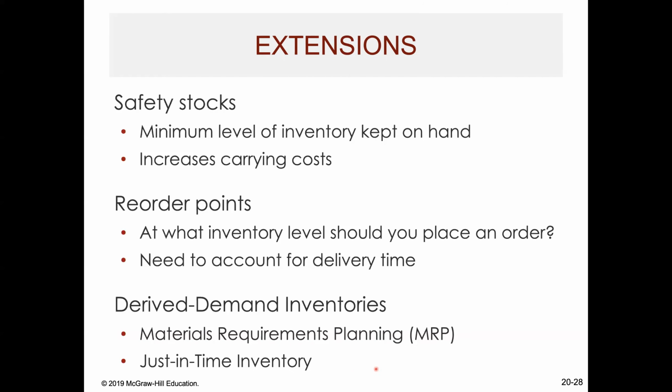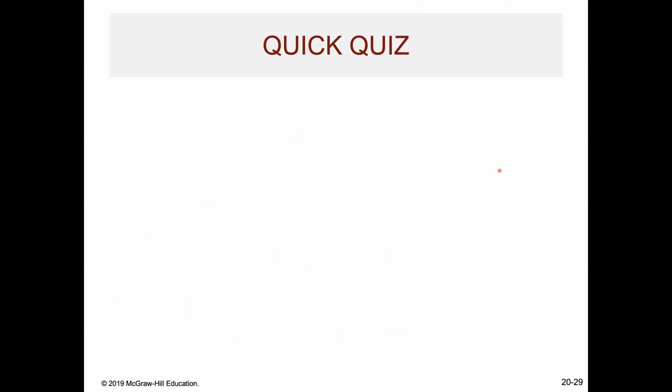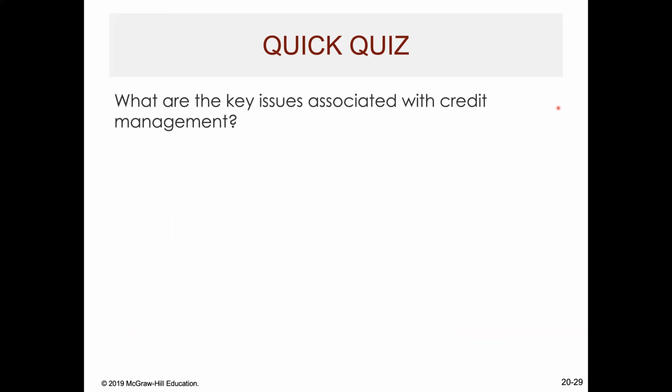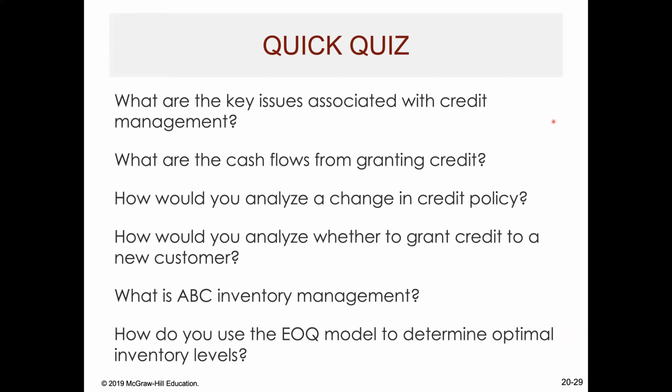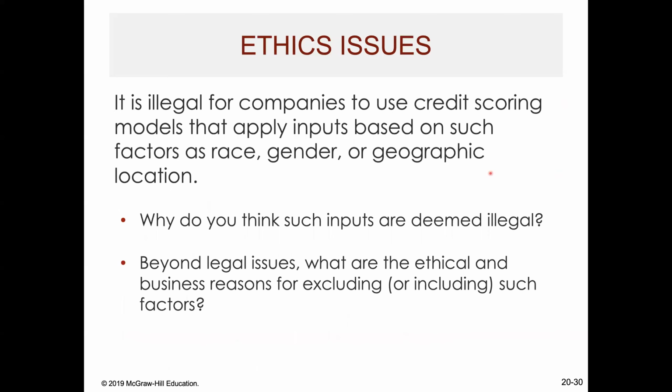So that concludes the materials for this lecture. There's a quick quiz. I'd like you to read through each of these and answer them yourself. And if you can't answer them clearly, go back to the book or re-watch this lecture and make sure you understand the concepts. There's an ethics issue. It is illegal for companies to use credit scoring models that apply inputs based on such factors as race, gender, or geographic location.